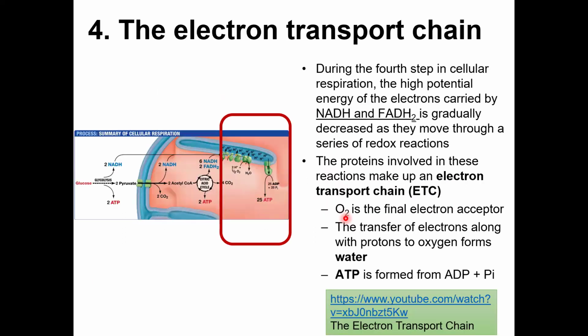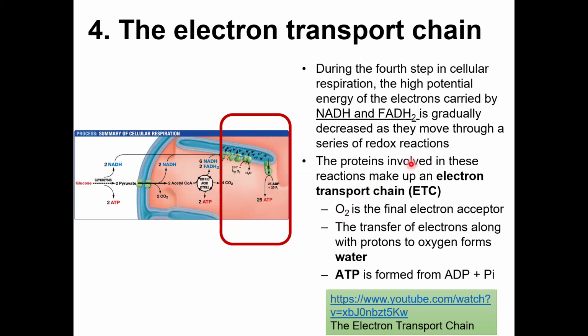So now we are going into the fourth step of cellular respiration, called the electron transport chain, where the high potential energy of the electrons carried by our two electron carriers gradually decreases as they move through a set of redox reactions.